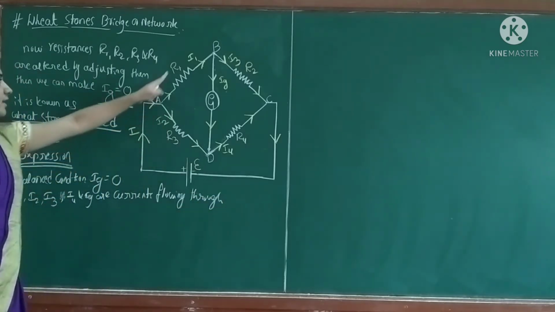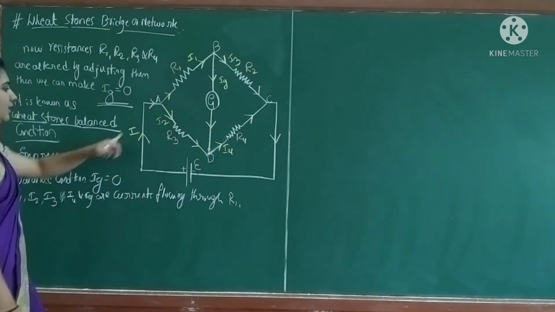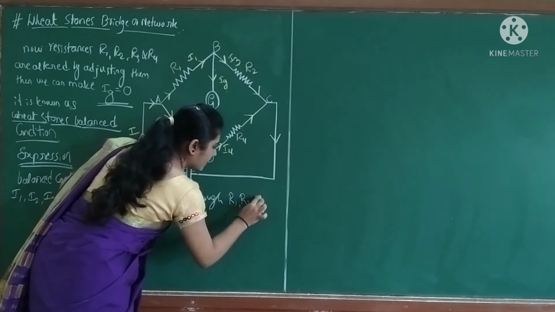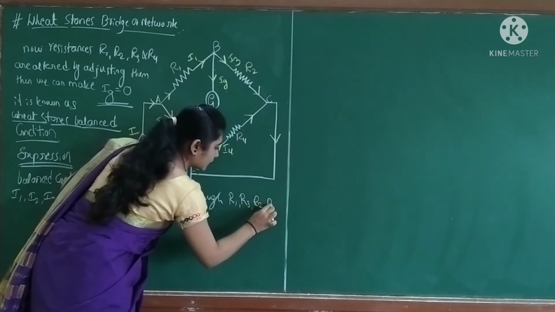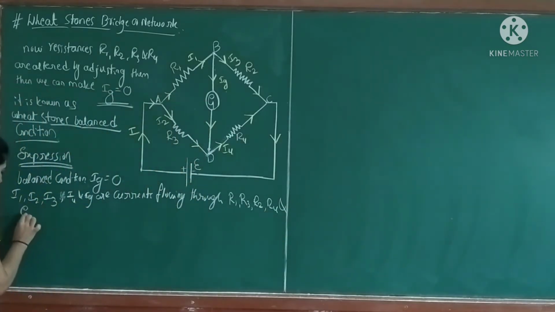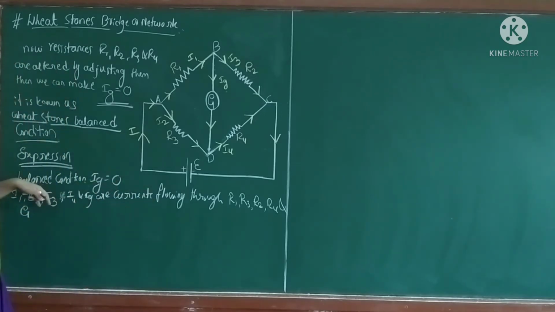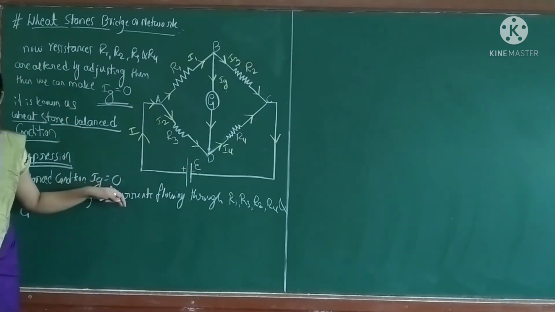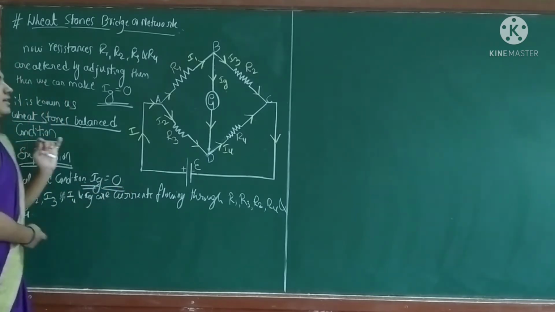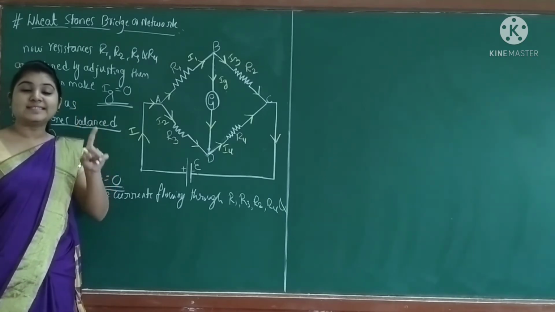Current I1 is moving in the resistance R1, current I2 is moving to the resistance R3, then current I3 is moving to resistance R2, R4 and G. G here means galvanometer. And we have our balanced condition, that is Ig is equal to 0. You must remember this. Now we will apply Kirchhoff's current law, KCL.